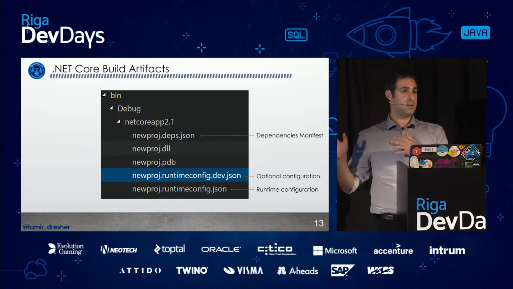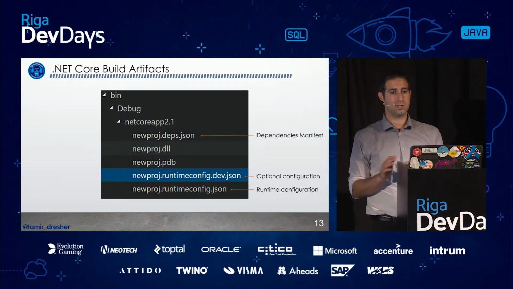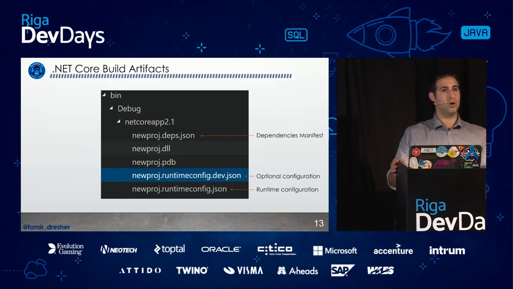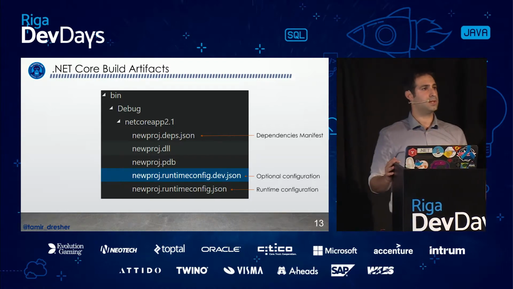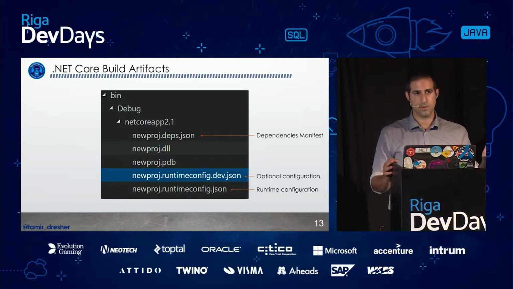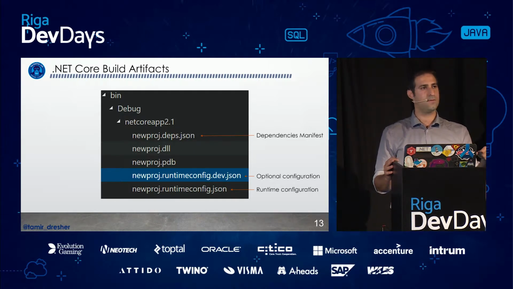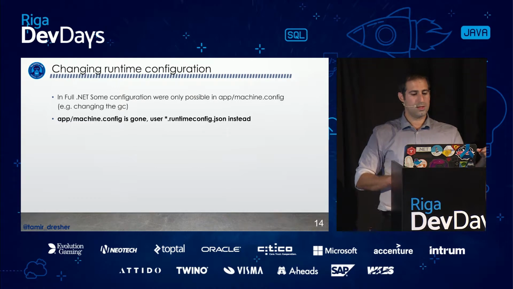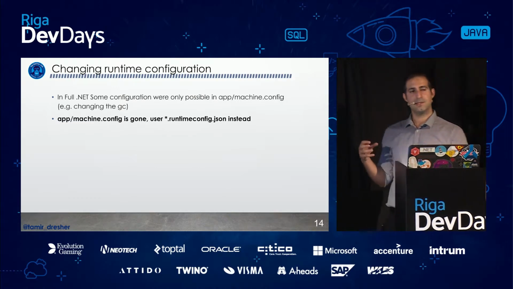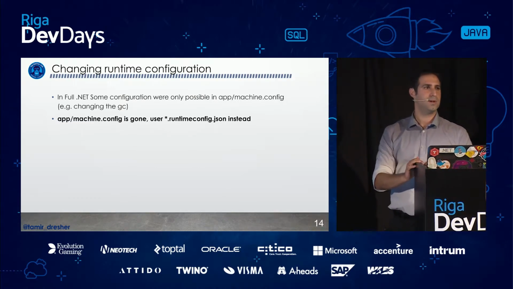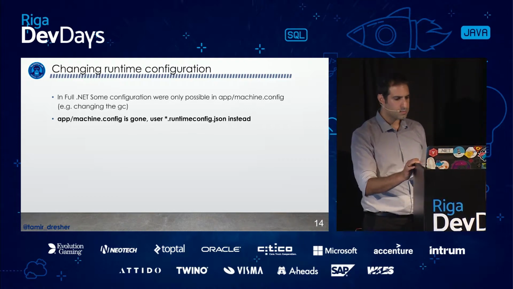One of the things you might have noticed is missing from my .NET Core app, which we all know from the full .NET, is the app.config. We no longer have an app.config or web.config file. So the runtime config file is kind of the new app or web config file.